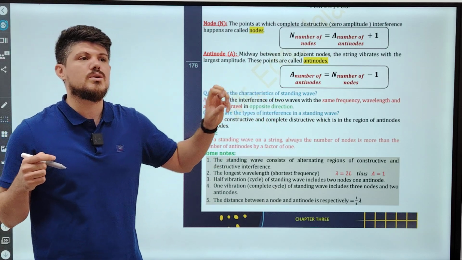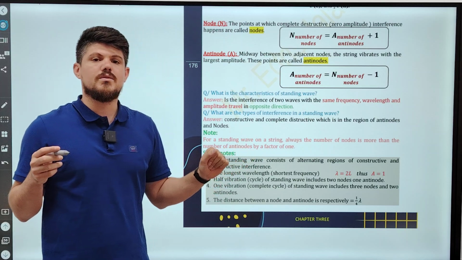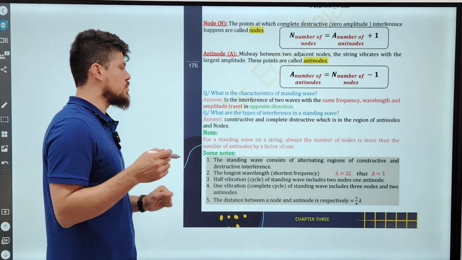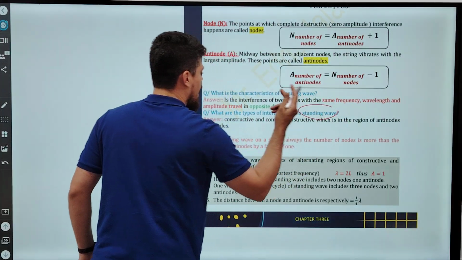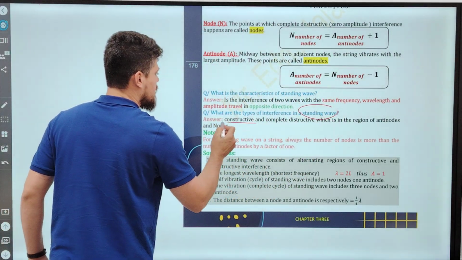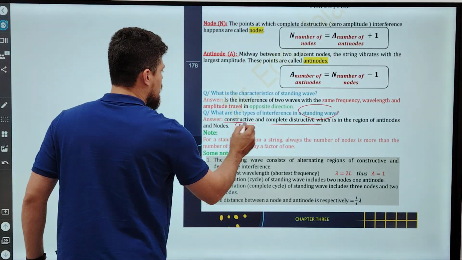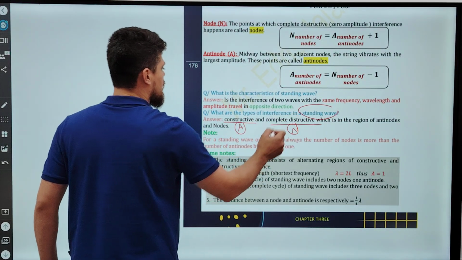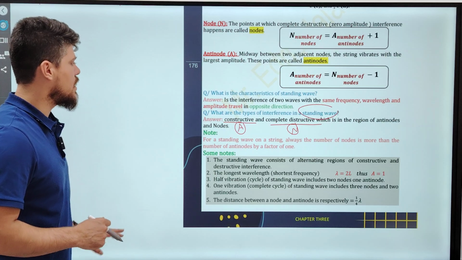An antinode is a result of constructive interference in a standing wave. A node is a result of complete destructive interference between 2 waves. So constructive produces an antinode, but complete destructive produces a node.